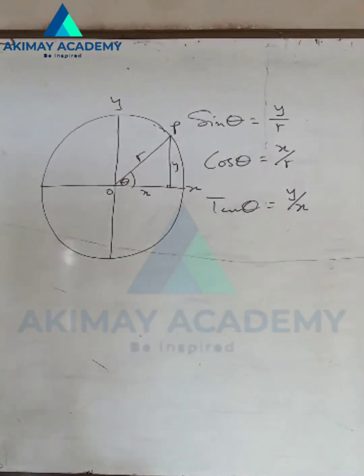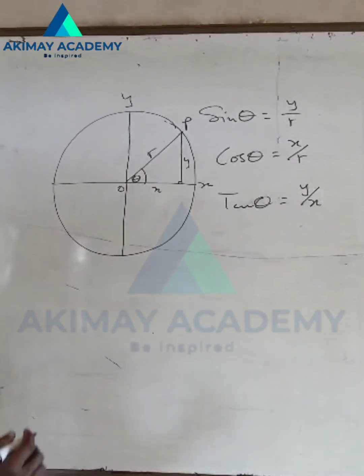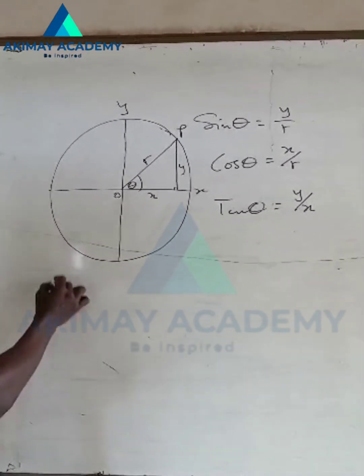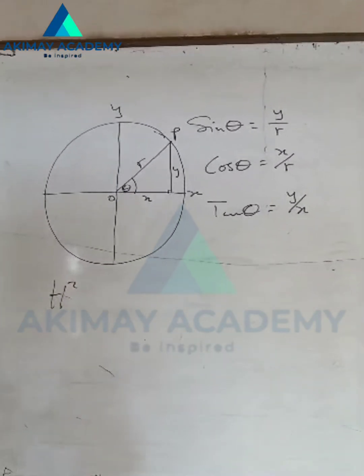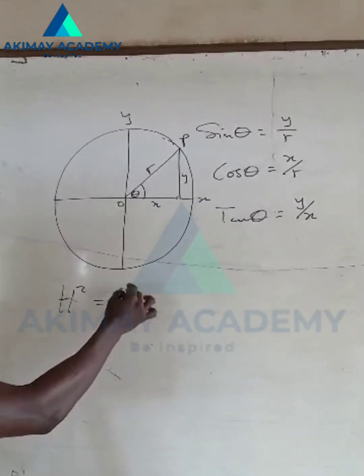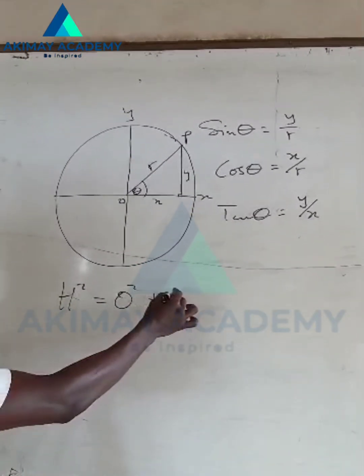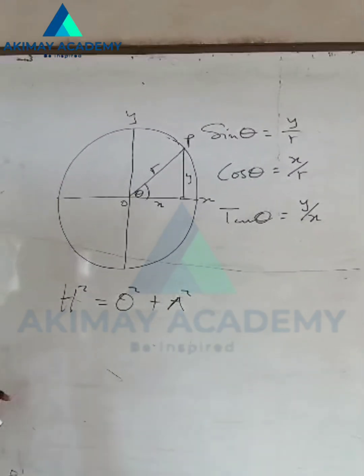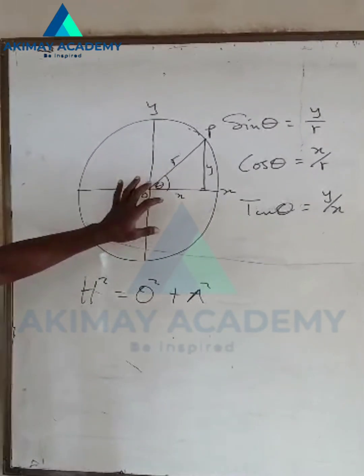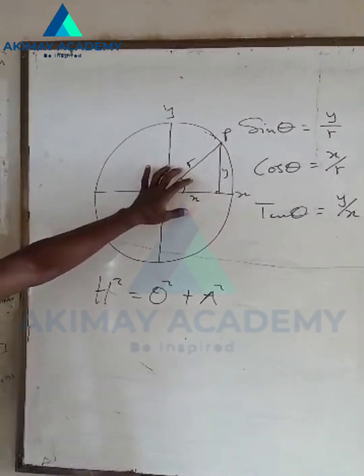we all know that there is this popular theorem, which is the Pythagorean theorem, which says the hypotenuse squared equals opposite squared plus adjacent squared. Okay. So from this shape, we can see that we have the hypotenuse represented with r.